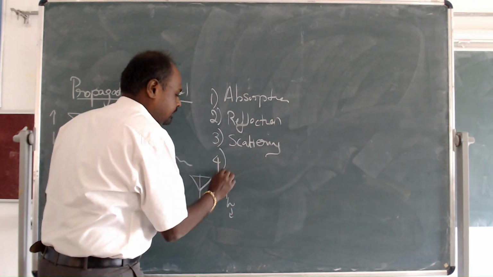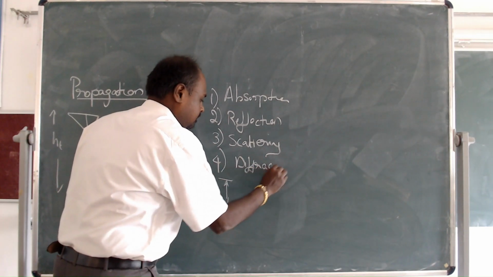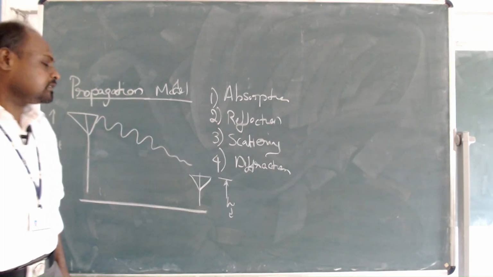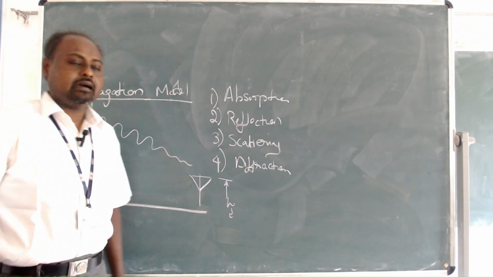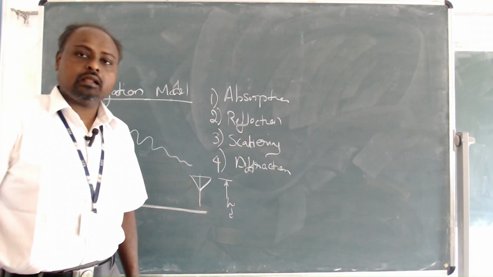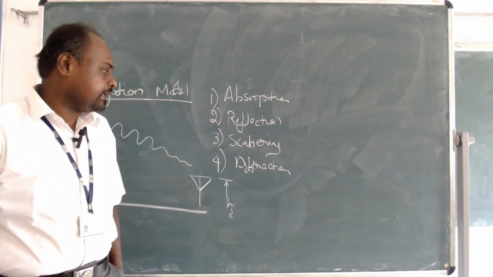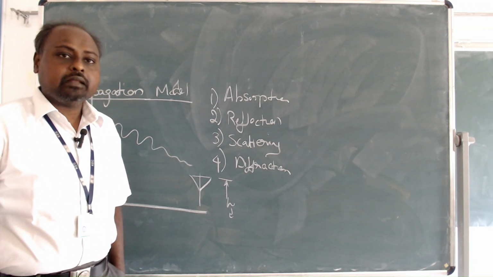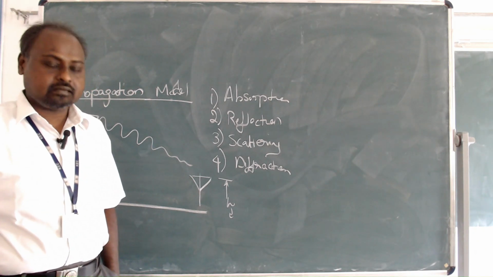Number four, diffraction. In this series of lectures, we are going to discuss how a propagation model is defined, and this propagation model incorporates these phenomena: absorption, reflection, scattering, and diffraction. Due to these phenomena, your electromagnetic wave can't be transmitted over a large distance.